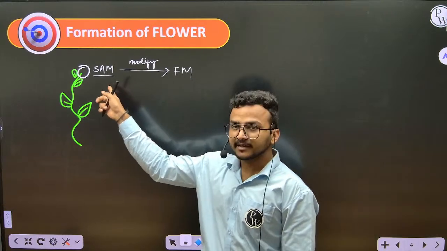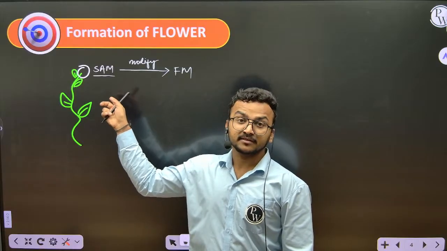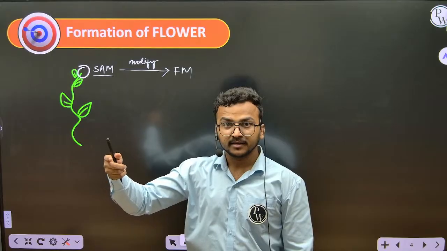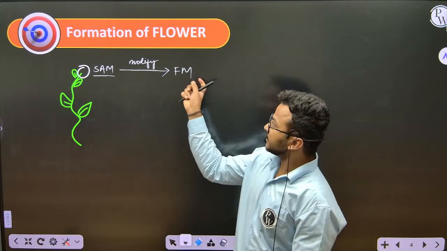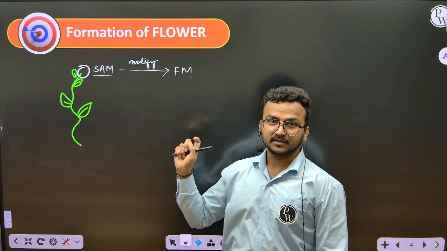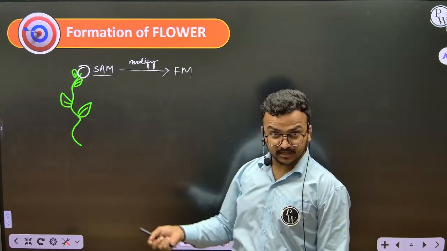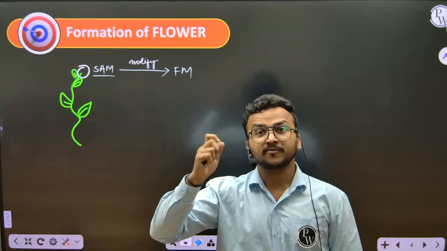Here I am calling this shoot apical meristem because these meristematic cells which are showing division are going to form shoot. This is floral meristem, which means the meristematic cells which show division are going to form flowers there.